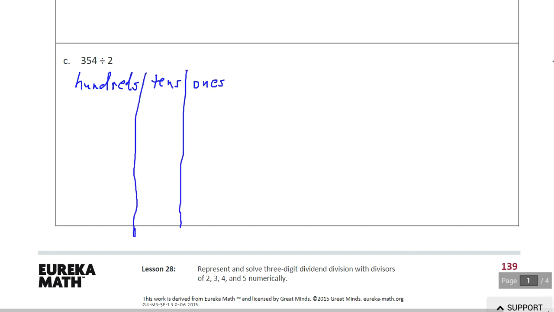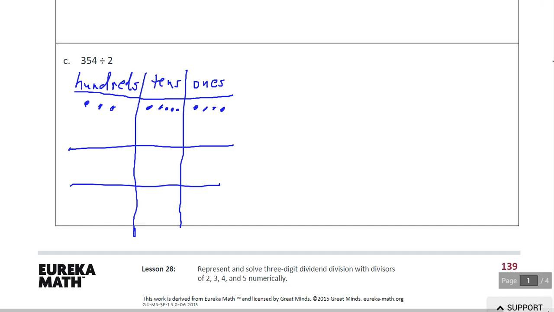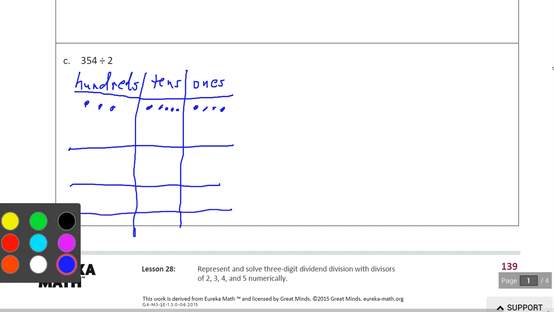Now, you don't have to use the place value discs, so I'm just going to show you on this one. We start off with 100, 200, 300, 1, 2, 3, 5 tens, and 1, 2, 3, 4 ones, and we're going to divide that 2 ways. So this is just to keep in mind.